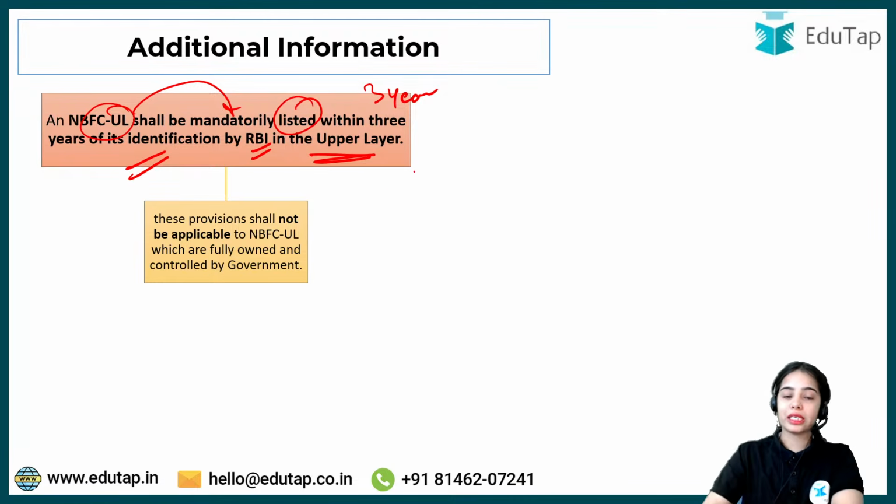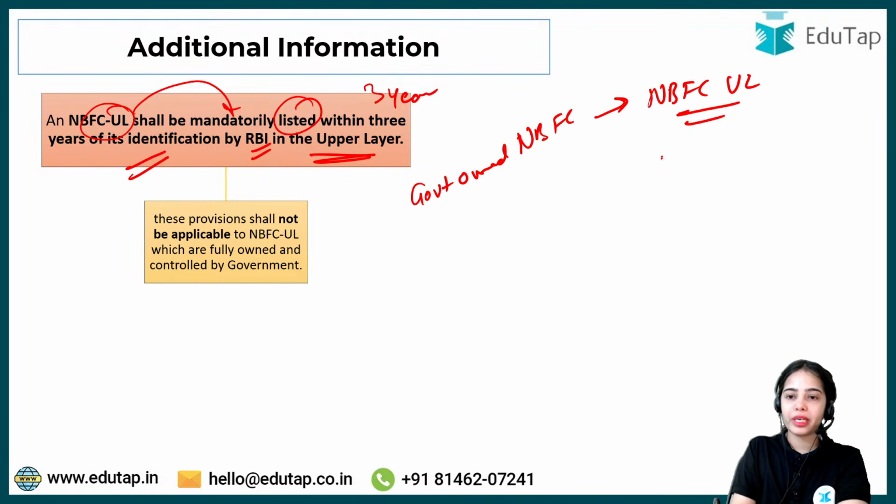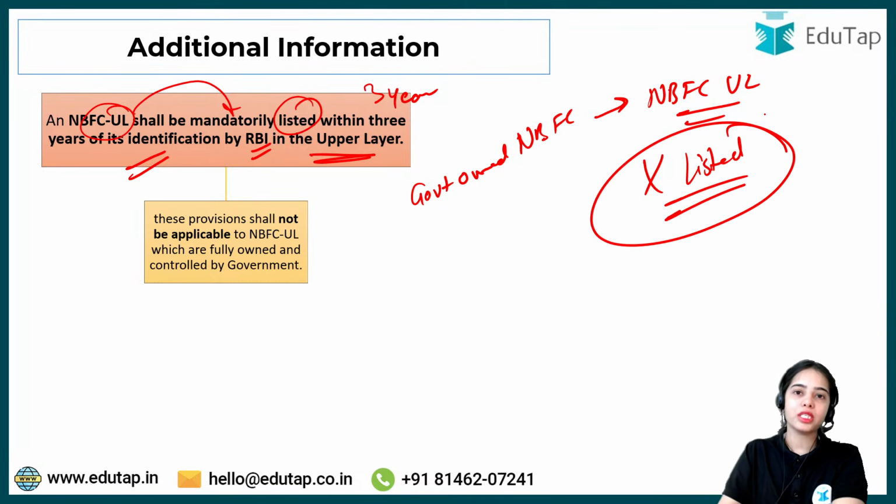But if it is a government owned NBFC, it can come under the NBFC upper layer, but it does not require to get listed within 3 years. It does not have this provision.